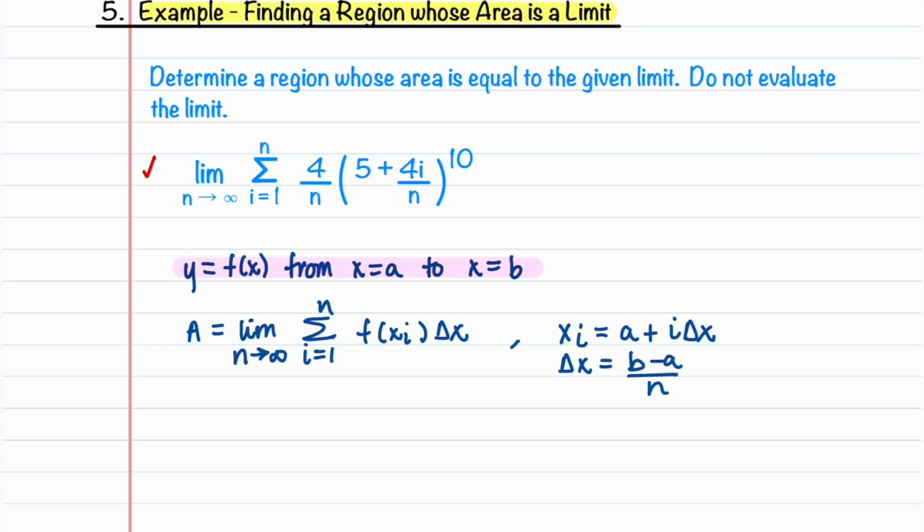That means that we need to find f of x, a, and b.